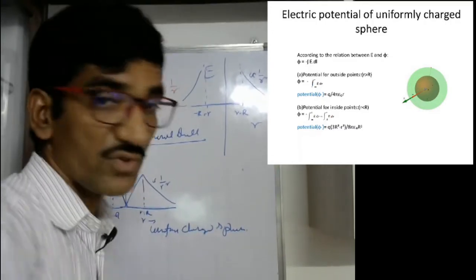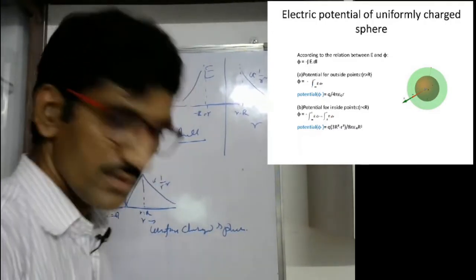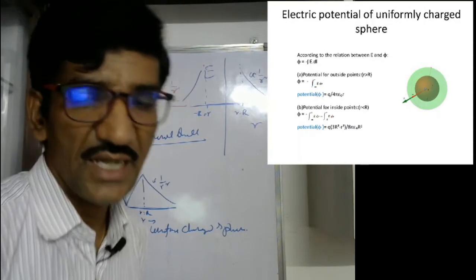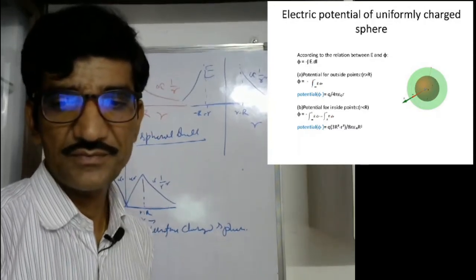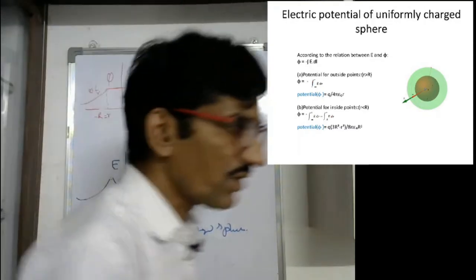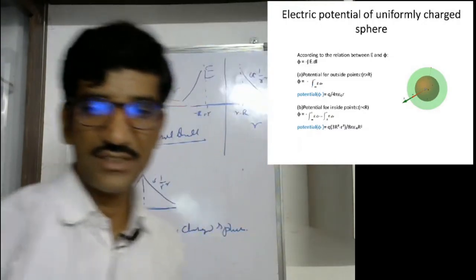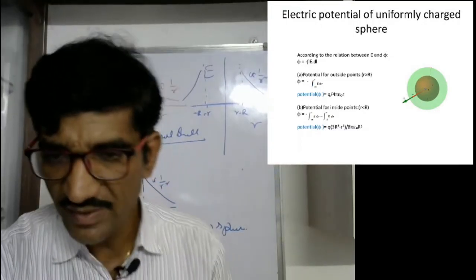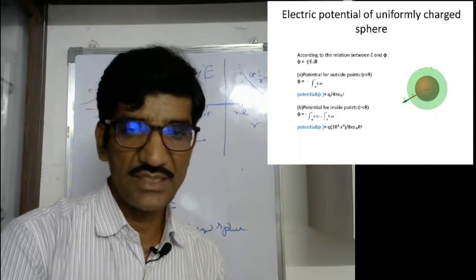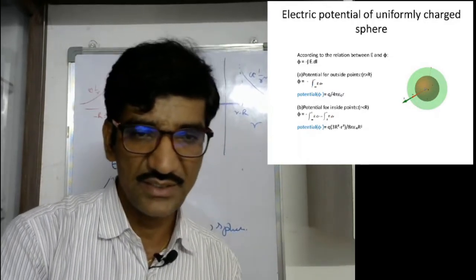Okay, this is about the electric potential and electric field of the uniformly charged sphere and the spherical shell. Now let us go to our next topic.